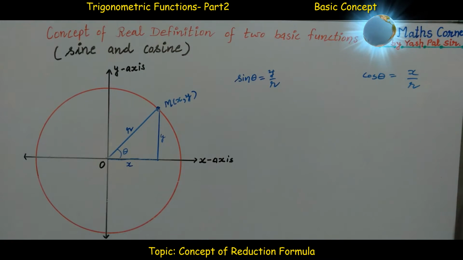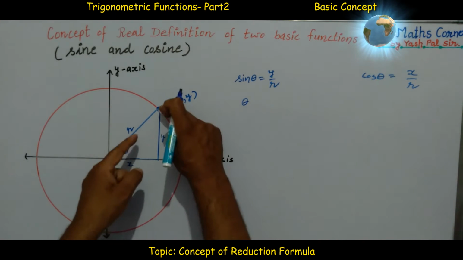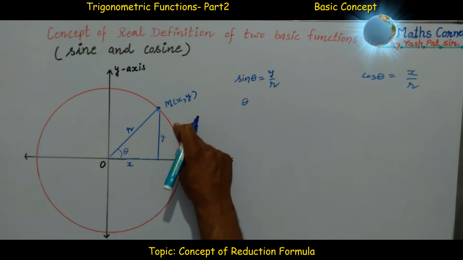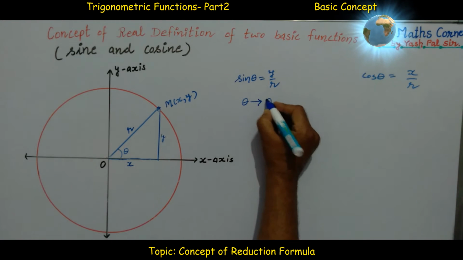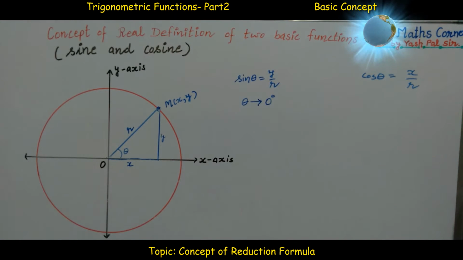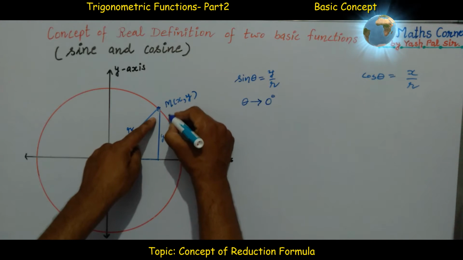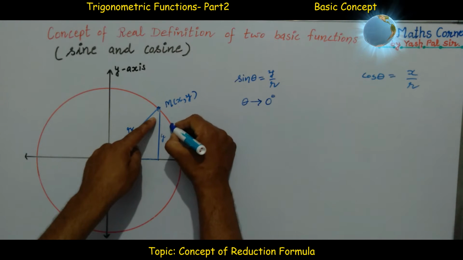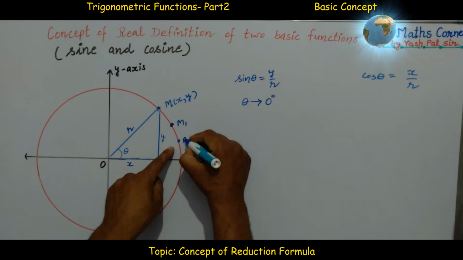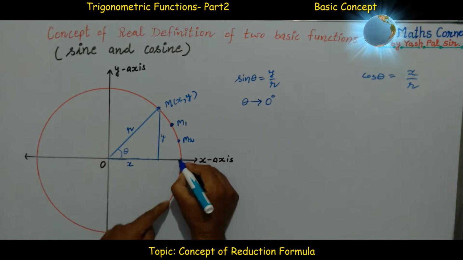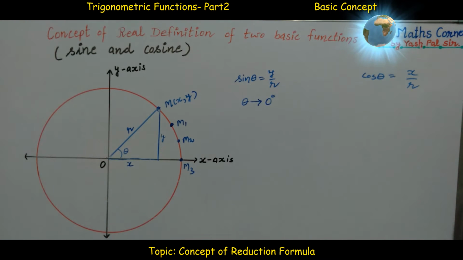First of all, when this theta angle, this moving point, is moving towards the x-axis, that is, tending towards 0 degree, then what happens, this M, after this place, takes the position M1, thereafter M2, here, this reaches the x-axis, say this is M3.